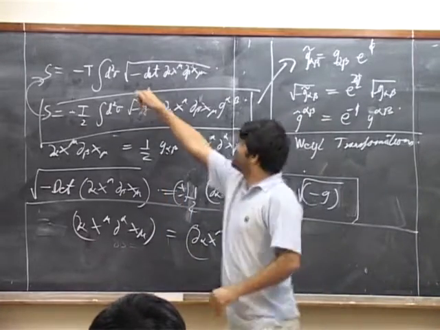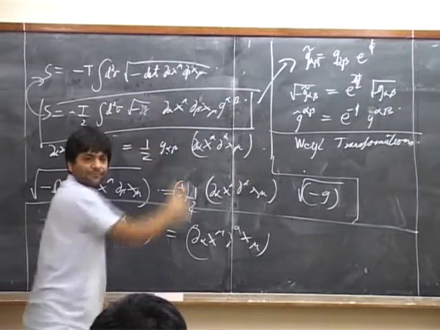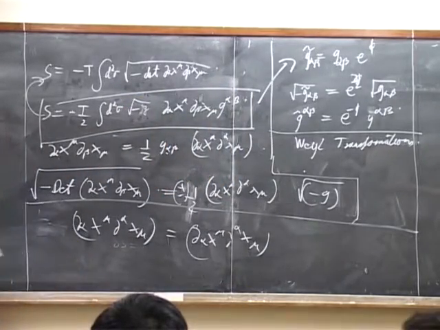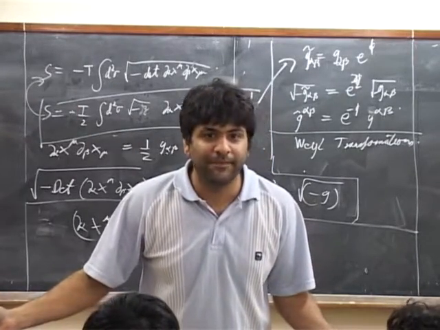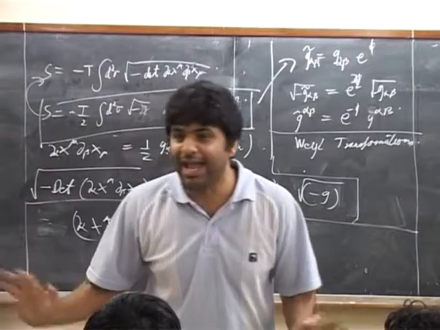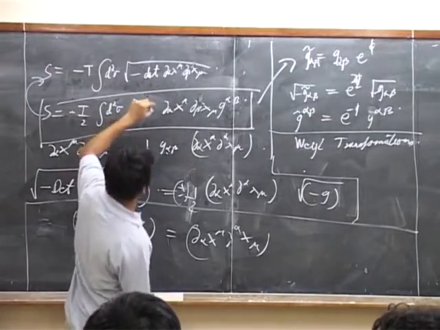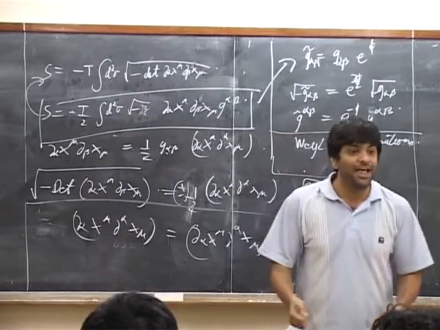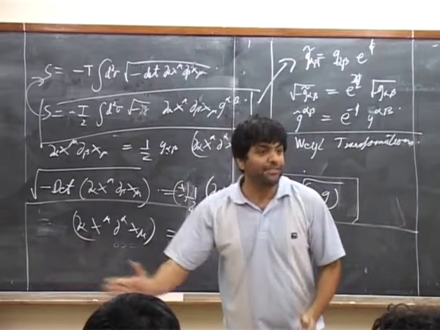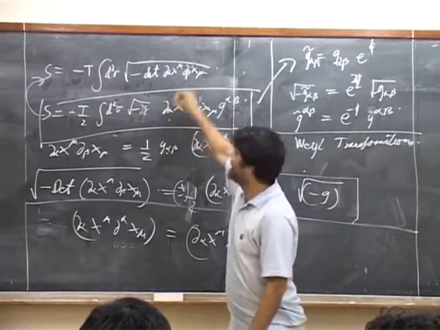For every solution to the equations of motion here, there's an infinite number of solutions to the equations of motion here, meaning solutions with any given metric times all possible Weyl transformations. Is this clear? So, while a naive manipulation seems to imply that this action and this action are the same classical systems, that is not quite true. There is an infinite number of more solutions to the equations of motion of this than of this.